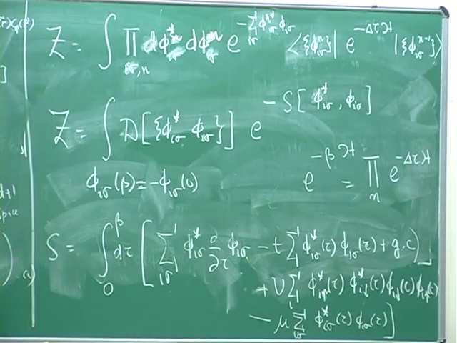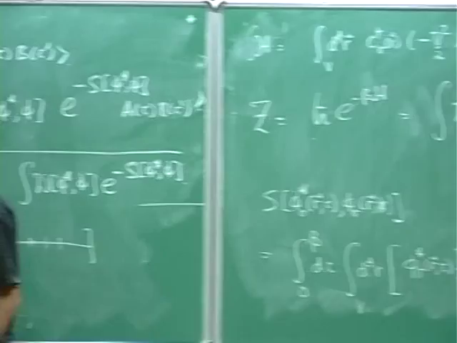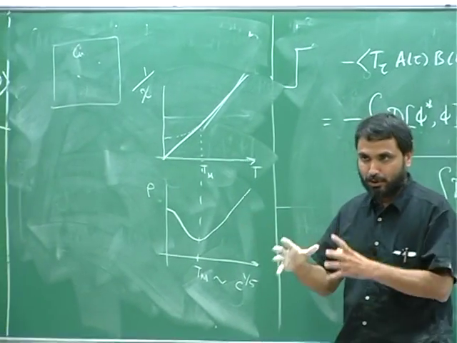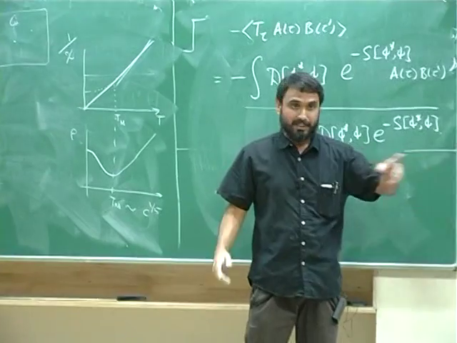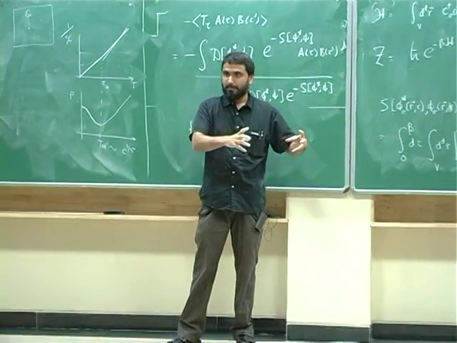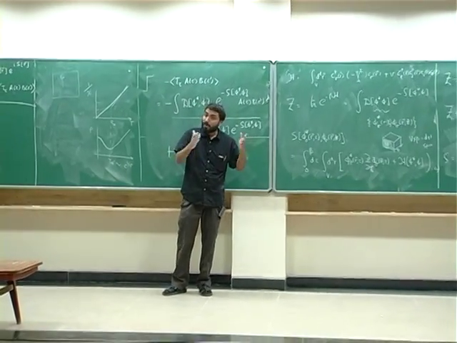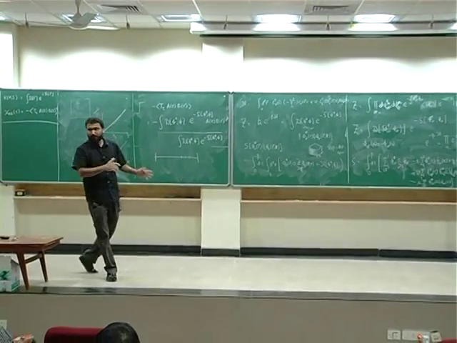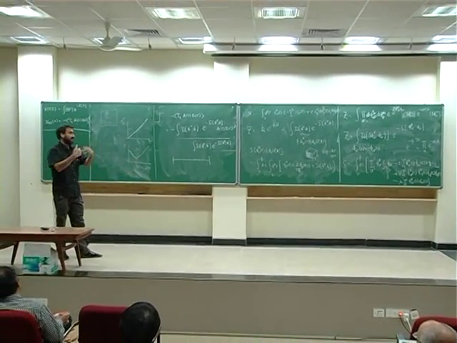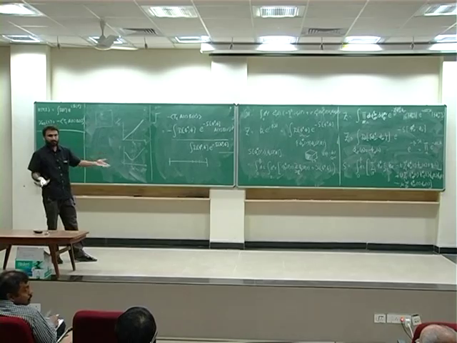Okay, so we will look at what that model is, and I will of course not derive everything in great detail. I will do some work and get to an action of the impurity problem in the way that Antoine presents in his paper, and then once I get there, I will have some qualitative discussion of what the physics is. And then that will be the end of my part of the discussion, and I'm sure it will be taken up in greater detail in the school and other lectures.